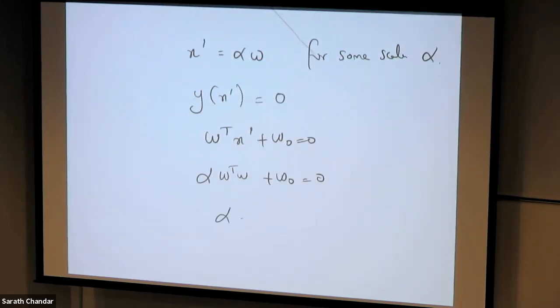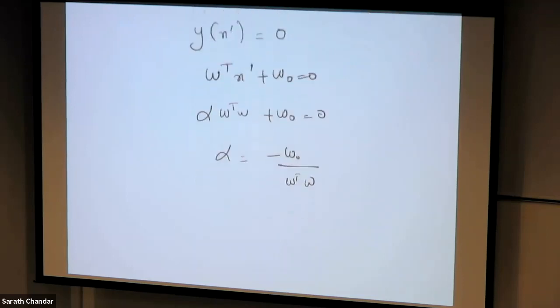Now alpha is going to be minus W0 divided by W transpose W, okay? Now W transpose W is just the squared L2 norm of W, right? So alpha is given by minus W0 divided by this. Okay, now I have found the scaling factor.